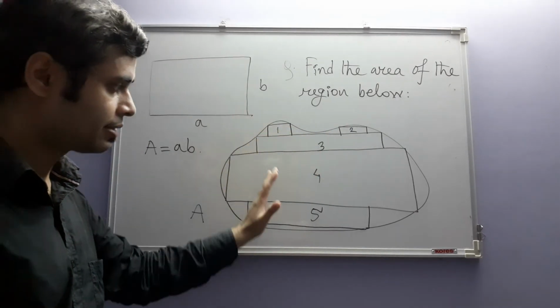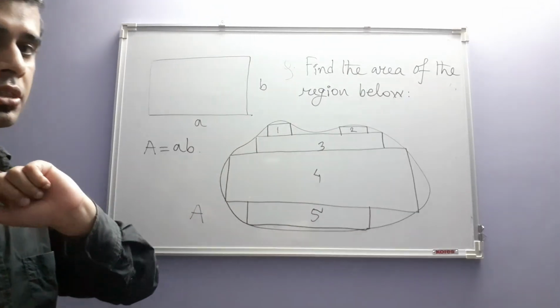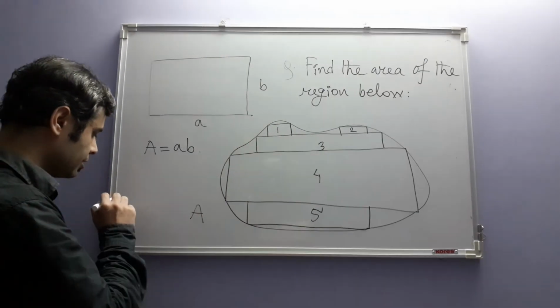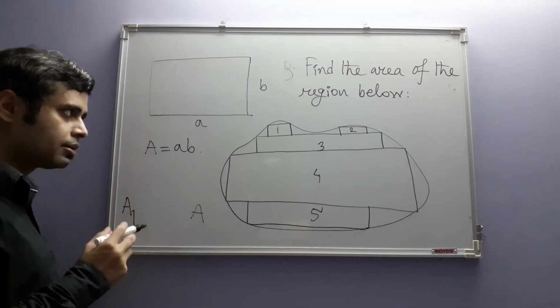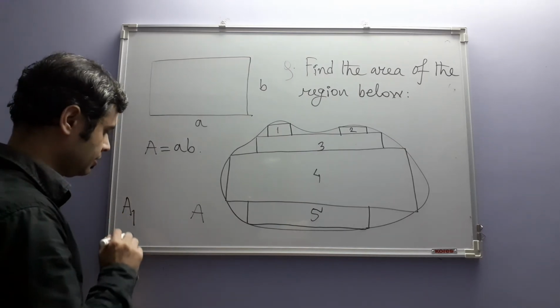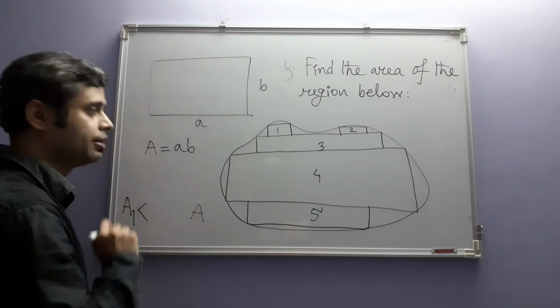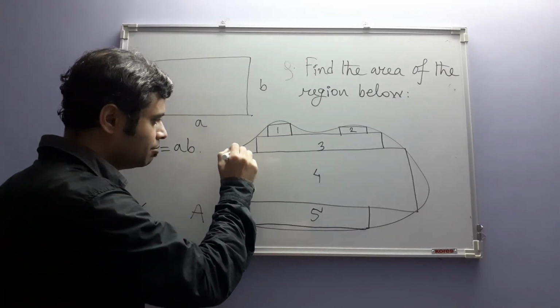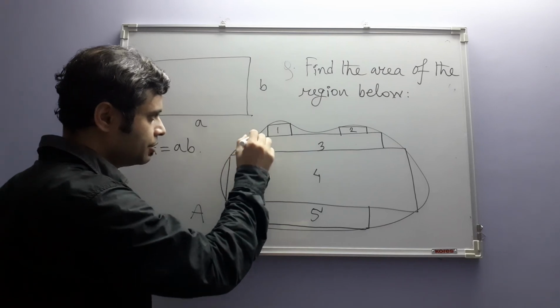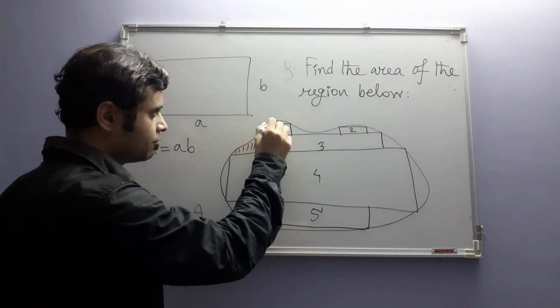We can then add them up. That will give us a value. Let us call that value A1. You can clearly see that A1 will be less than A. Why? Because some parts have been missed by us. These parts have not been accounted for.